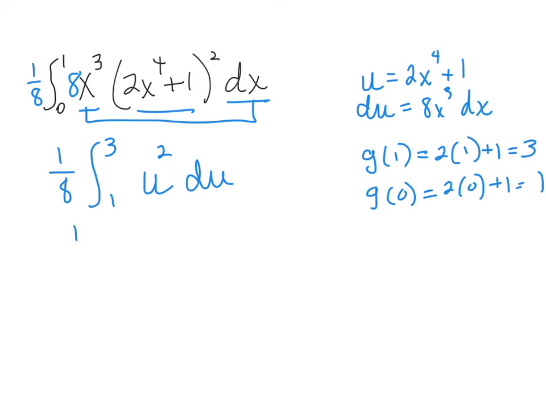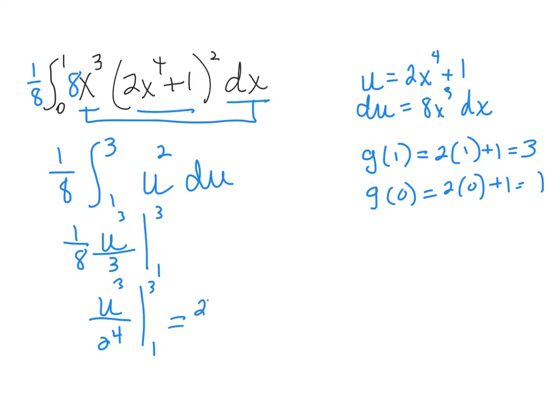So I have 1/8 u to the 3rd over 3 from 1 to 3. Let me tighten it up a little. U to the 3rd over 24, 1 to 3. And that's going to get me 27/24 minus 1 over 24, which is 26 over 24, which is 13/12.